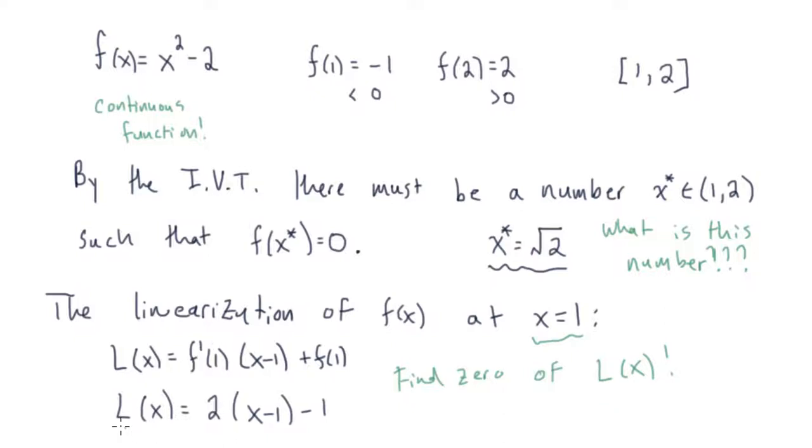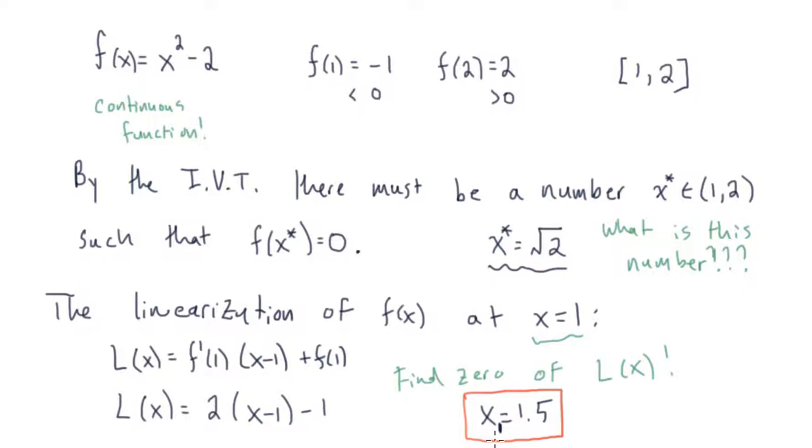You can just set this equal to 0 and solve. But what you're going to see is that we're going to get x is equal to 1.5. And now what we're going to do is we're going to call this x sub 1, because this is the first step in this algorithm called Newton's method.